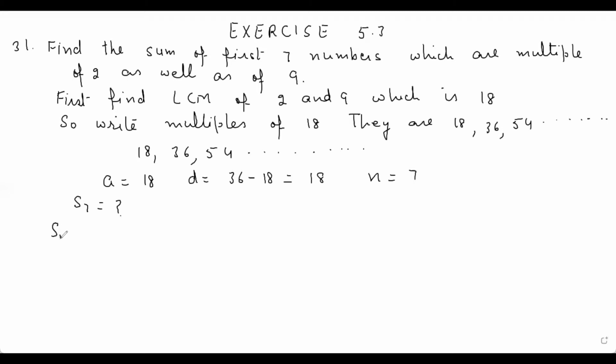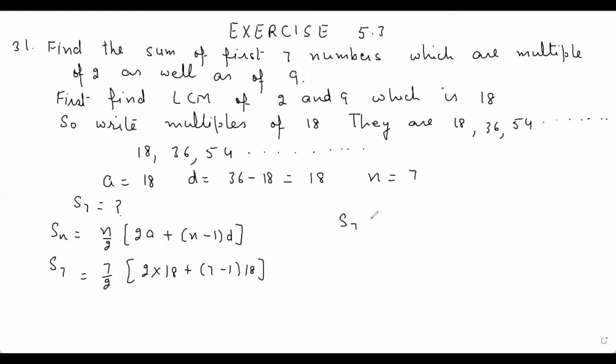Formula for Sn is n by 2 into (2a plus (n minus 1)d). Substitute n as 7. So S7 is equal to 7 by 2, (2 into 18 plus (7 minus 1)), and d is 18. S7 is equal to 7 by 2 into (36 plus 6 into 18).